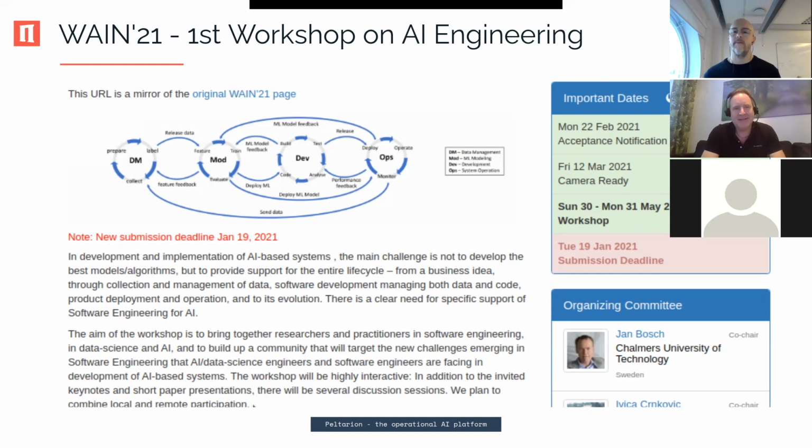We have a new workshop that's going to be held in May this year, where we want to understand how we can, from a research point of view, build up knowledge in making the process of building AI systems more efficient. And I think it's something that we should have done a long time back.